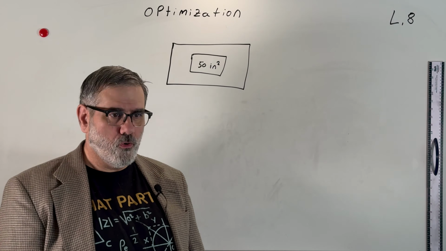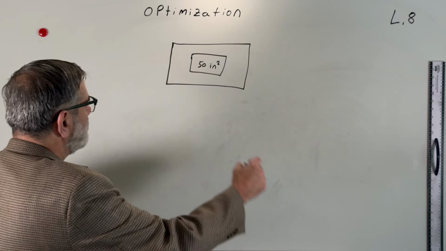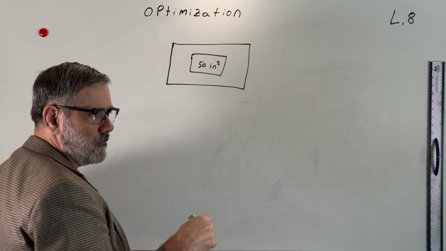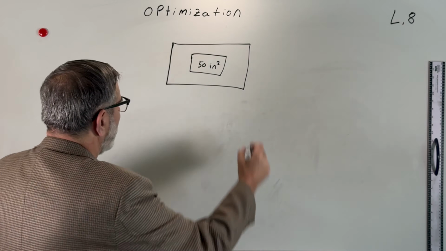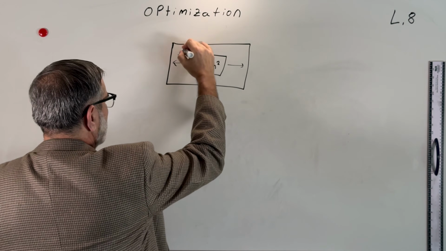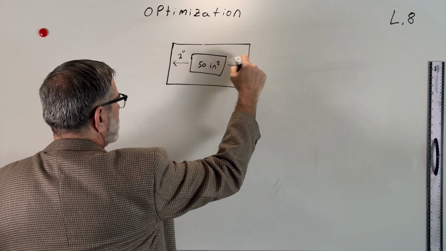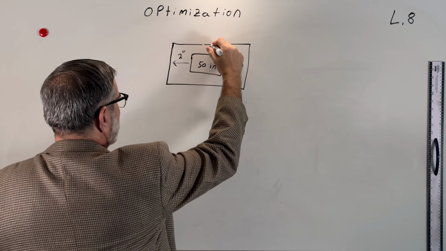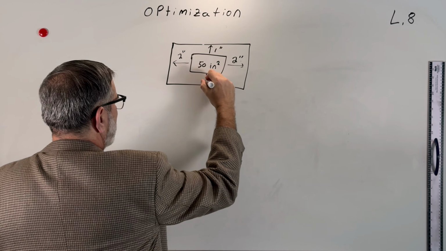That's something you could do, I suppose. But we'll assume that we're doing rectangular graphics, I guess you'd call it. And to the left and the right of this, we need 2-inch margins. And at the top and the bottom, we'll have a 1-inch margin.